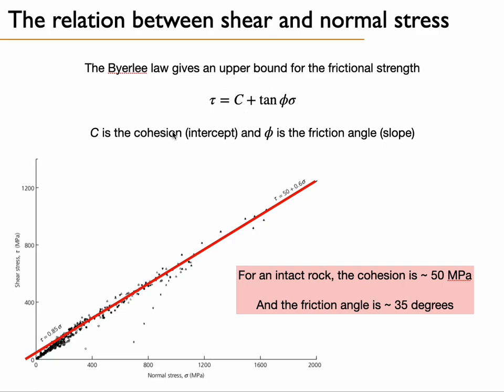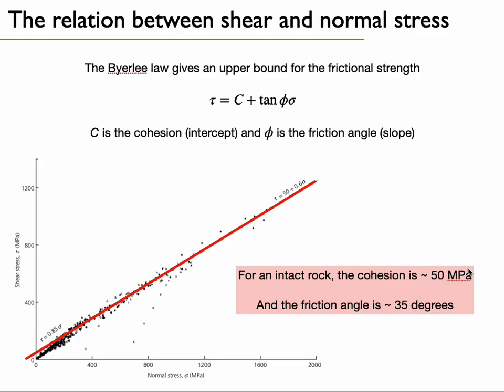It is called the cohesion. Phi is related to the slope of this line, and it is the friction angle of the material. In an intact rock, the cohesion is about 50 megapascal, and the friction angle is about 35 degrees.